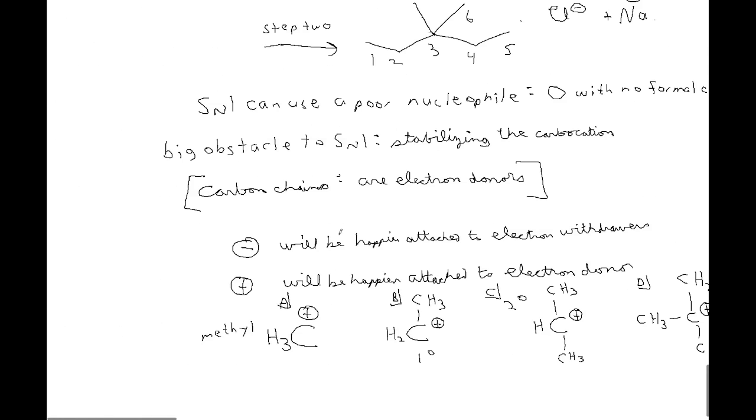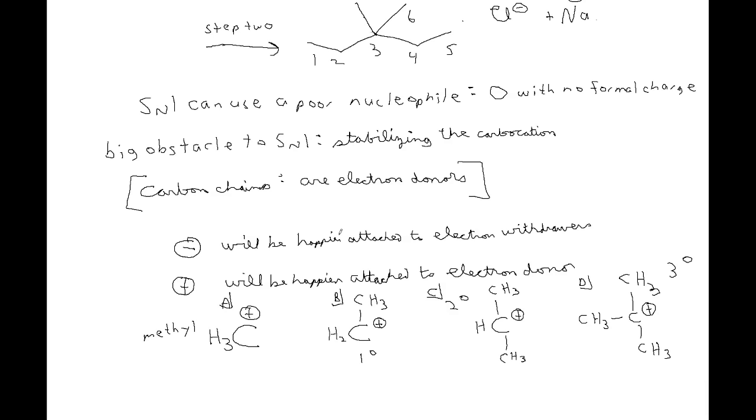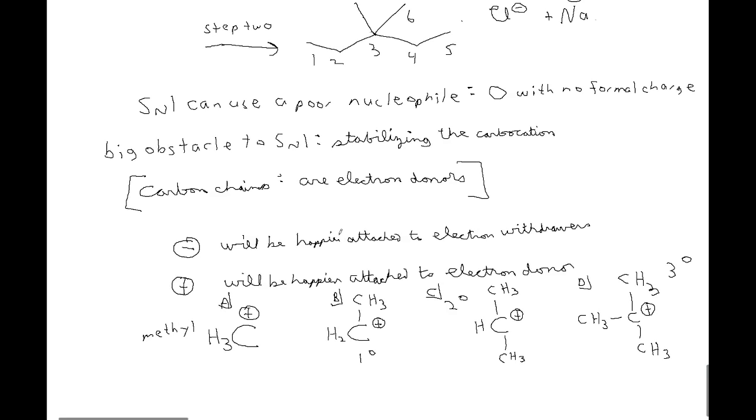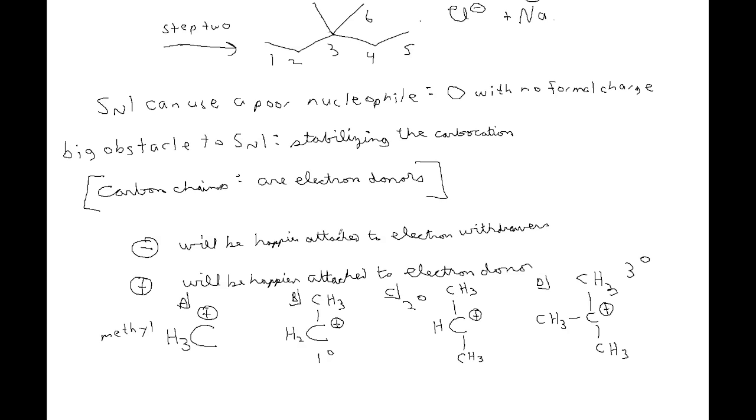Okay, good. So do you remember what was the big obstacle to an SN1 reaction? Stabilizing the carbocation. And remember who's going to form the carbocation? The alpha carbon. So which type of alpha carbon would be best for SN1? A tertiary.